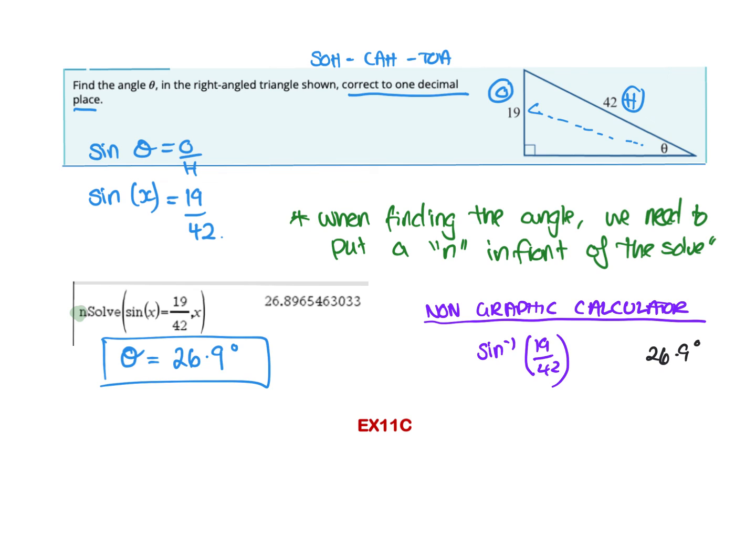You might want to try that as well. But if we want to just always use the solve function, if we're finding an angle, we just need to pop an n in front of it. Otherwise, you're going to get some funny answers, and we don't need to know why. We just need to do it.